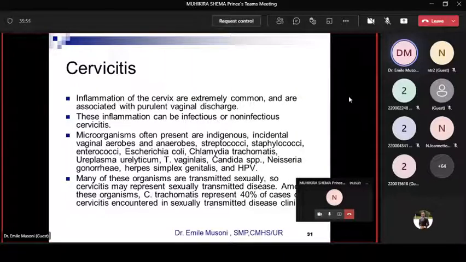Then for histopathology, we will see that there will be inflammatory infiltrate, and then you confirm this is cervicitis, and then you go to the treatment according to the microorganism identified. For cervicitis, you can make a biopsy or a swab for microorganism analysis.